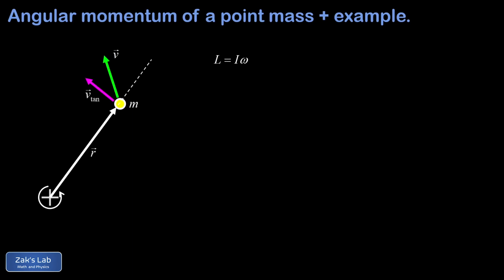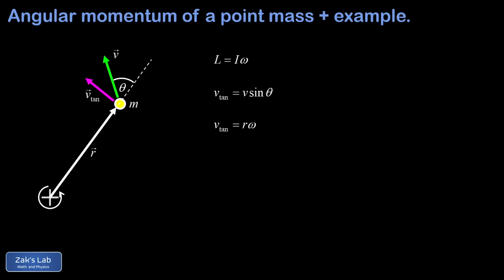So there's our tangential component of the velocity, and if we label the angle between the position and velocity vectors, we see that our tangential velocity is given by v times the sine of theta, where theta is the angle between the position vector and the velocity vector. Now that tangential component is related to the angular velocity by v equals r omega. So the tangential speed is given by the distance to the rotation axis multiplied by the angular velocity in radians per second. And I'll post a link to the video where that was first derived.